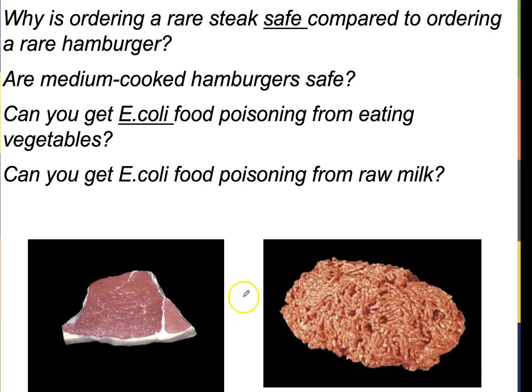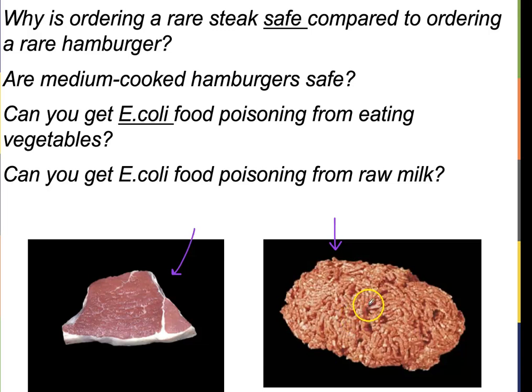So back to the question of steak versus hamburger. For a steak, this is one muscle from one cow. It is intact. How many cows do you think went into this hamburger? 1, 10, 100? We don't know. This is a mix of muscle from many cows.